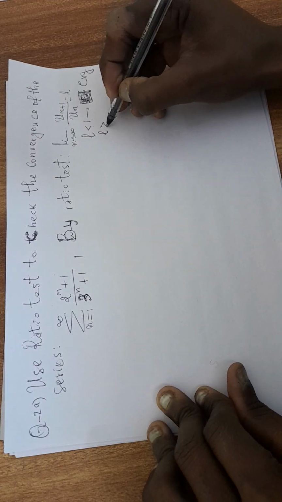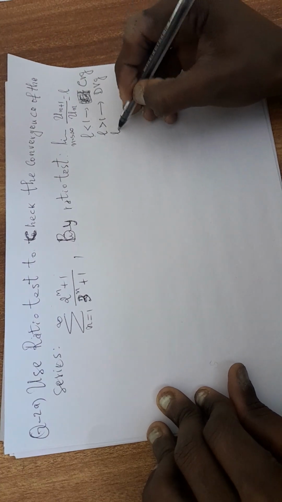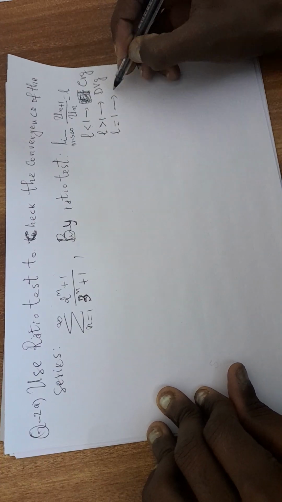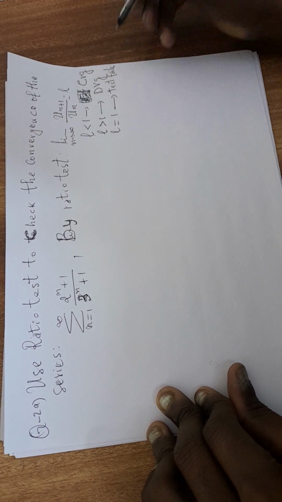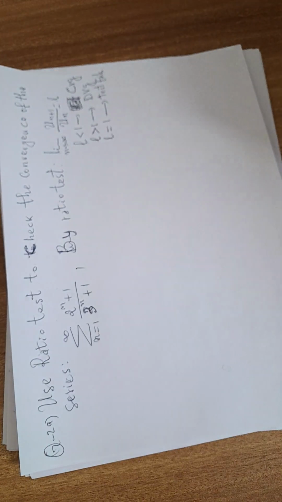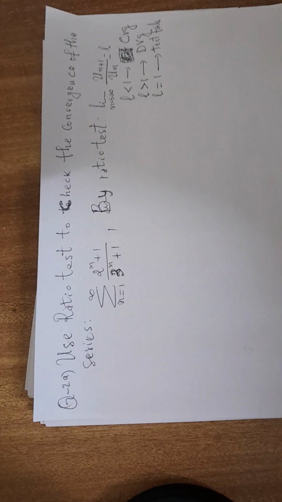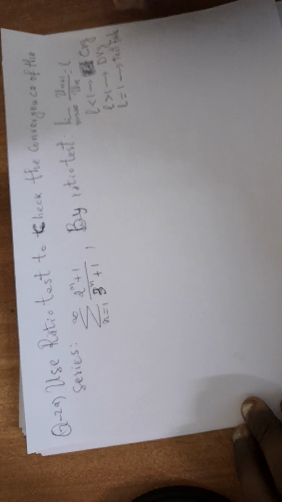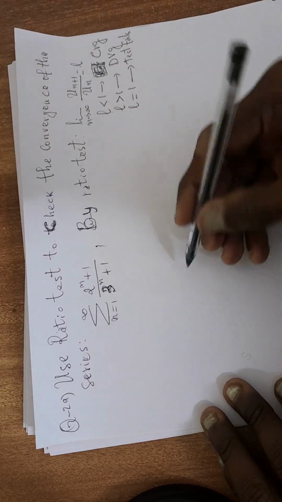But if L is greater than 1, the series diverges. And if L is equal to 1, the test fails, which means we have to jump to another test. But here they ask us to solve according to this test. Let us just solve.